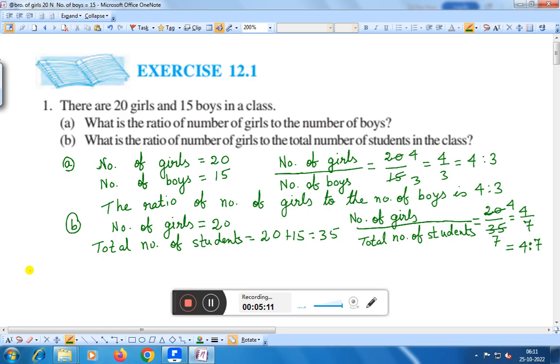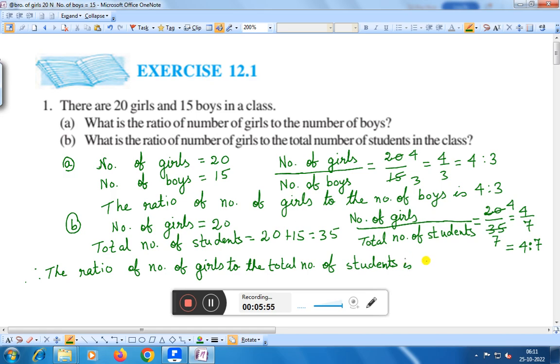Therefore, the answer will be the ratio of number of girls to the total number of students is 4 is to 7, right? This is the solution of question number A and B.